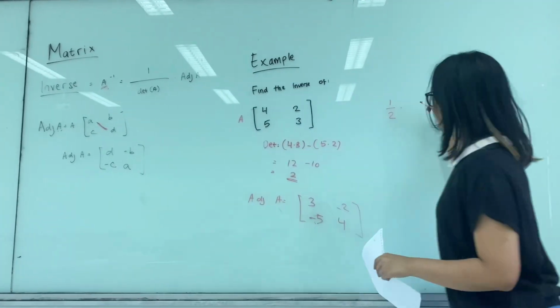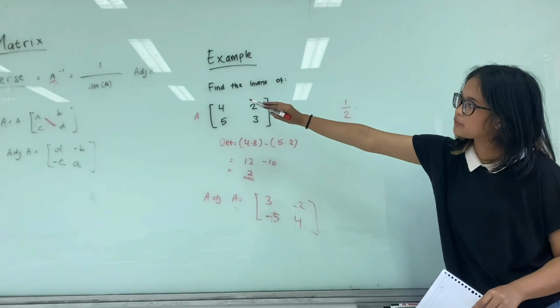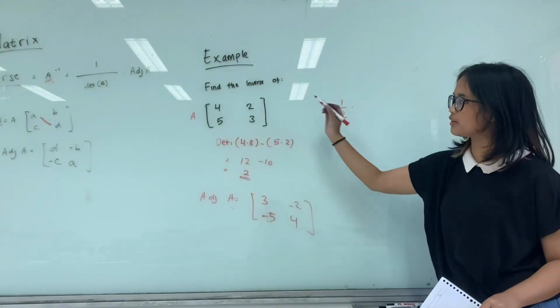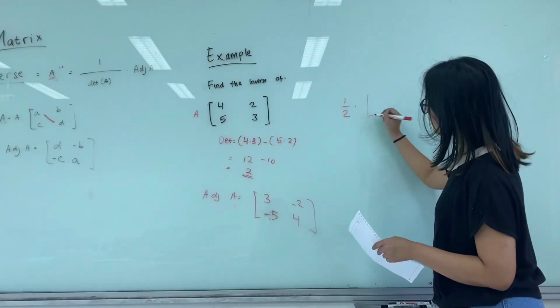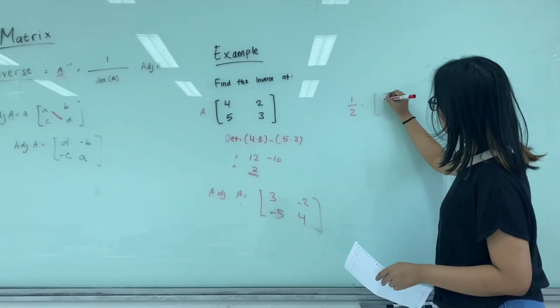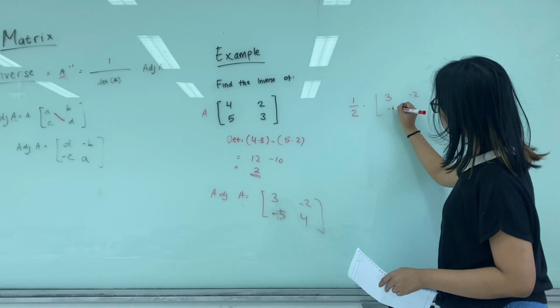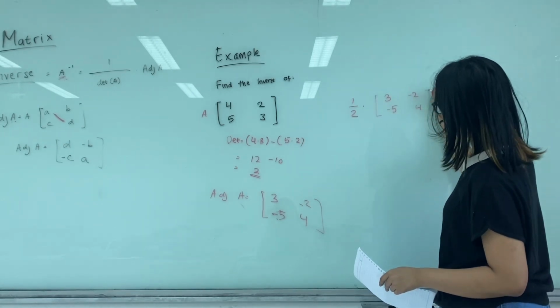So, 1 per 2, because 1 per determinant A, times the adjoint, so 3, minus 2, minus 5 and 4.